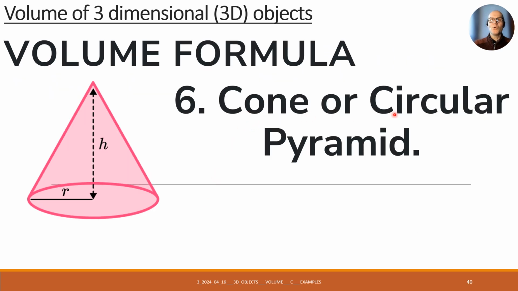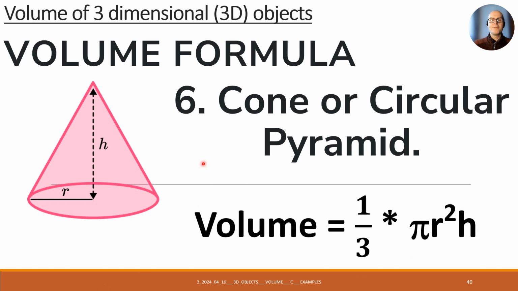Next example, cone or a circular pyramid. Volume formula for a cone, 1/3 times pi r squared h.